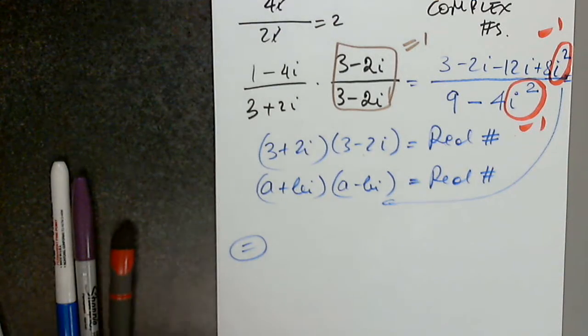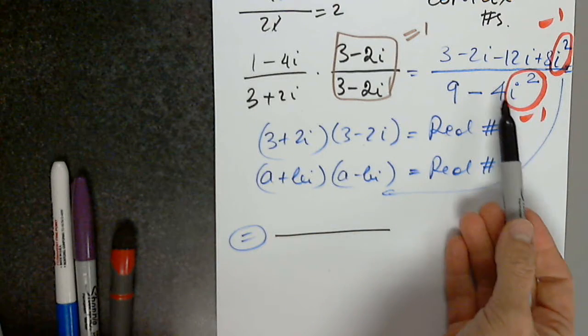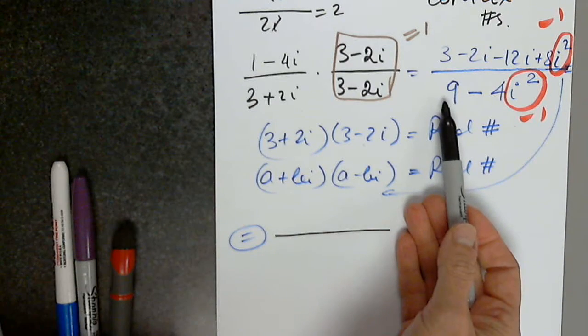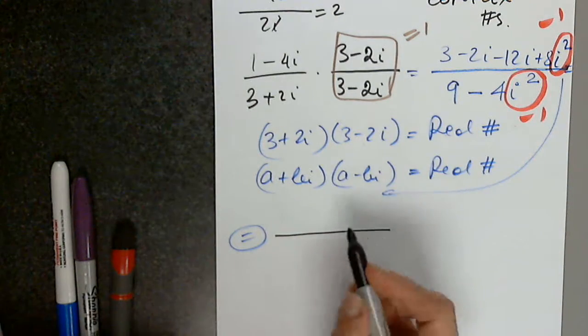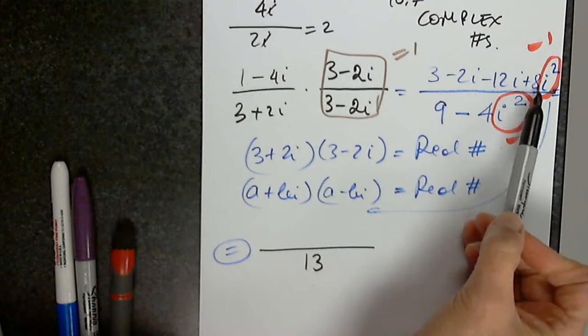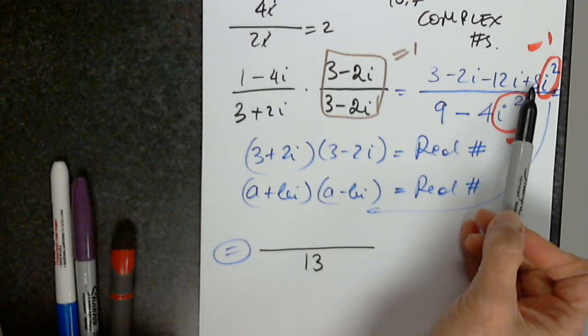Okay, so let's finish up with the denominator. How much is negative 4 times negative 1? 4 plus 9. Very good. And now the numerator, 8 times negative 1. How much is 8 times negative 1?